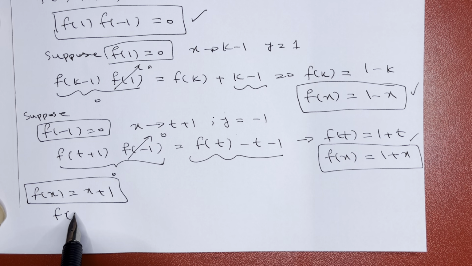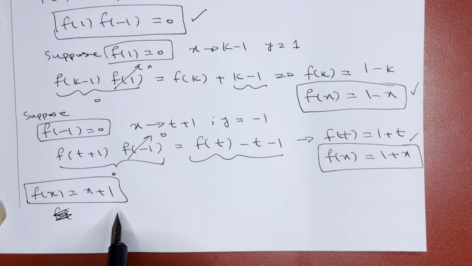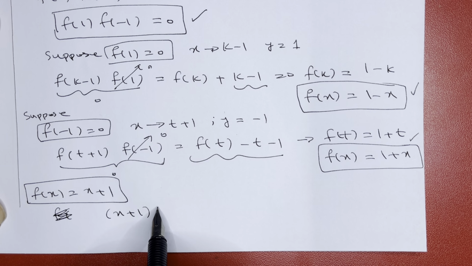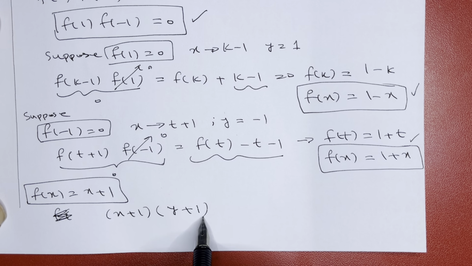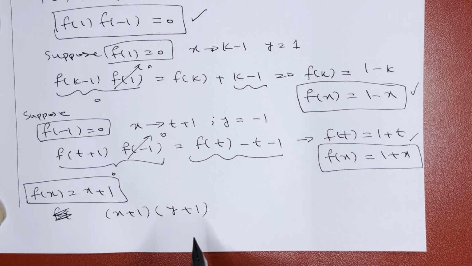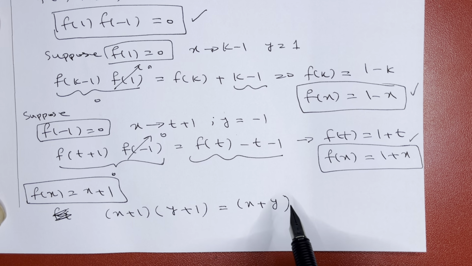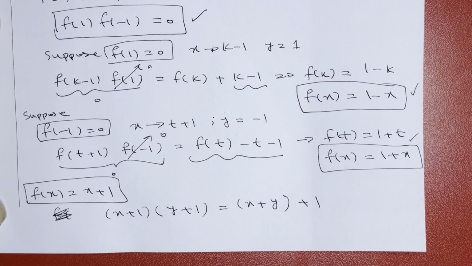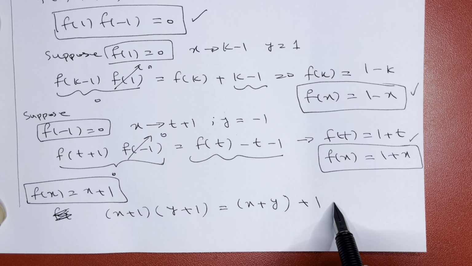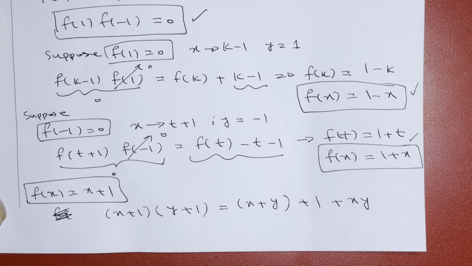Instead of f(x), I put x + 1, and instead of f(y), y + 1, so just changing the variable. Instead of f(x + y), we have x + y + 1, and plus we have x times y.